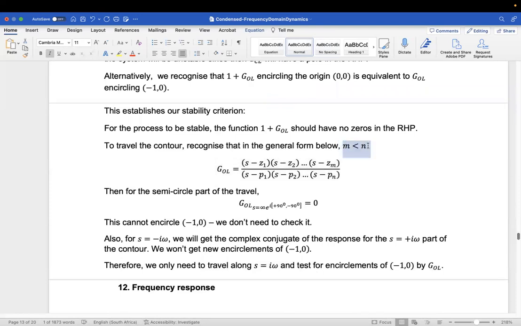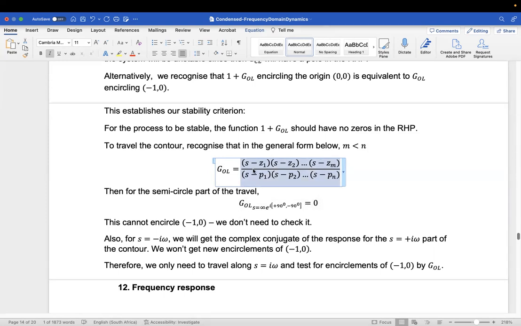And so if that's true, then the process is inherently stable. Then that means M is less than N. So for instance, here we'll have, perhaps this could be S cubed. Then in the denominator, we'd have to have at least S to the power 4. So in a case like that, where your denominator has a greater order than your numerator, then when S goes to infinity, that means this whole term on the right-hand side must go to 0.